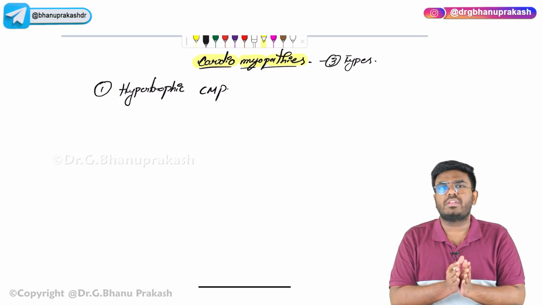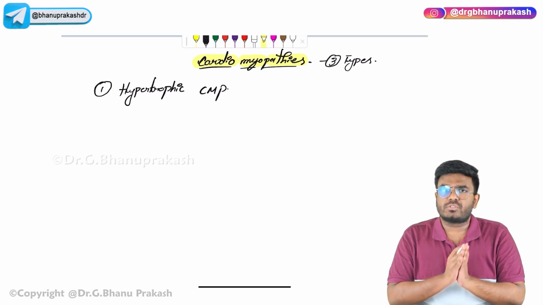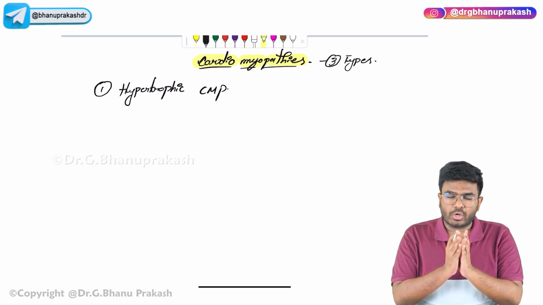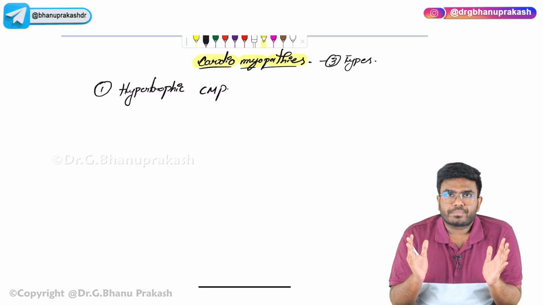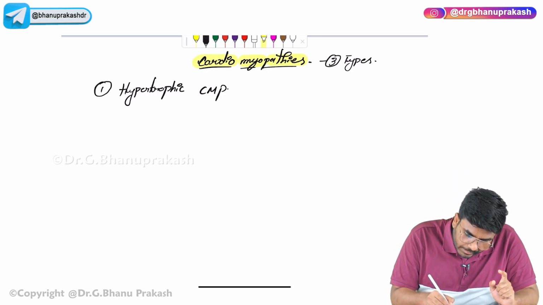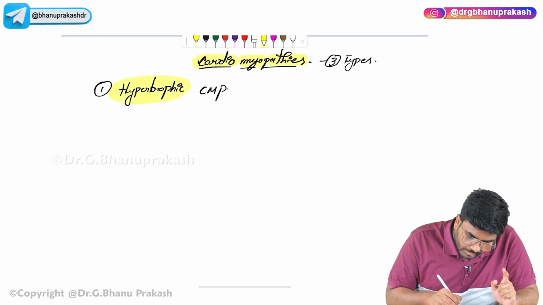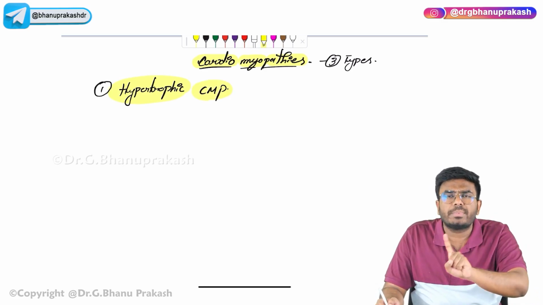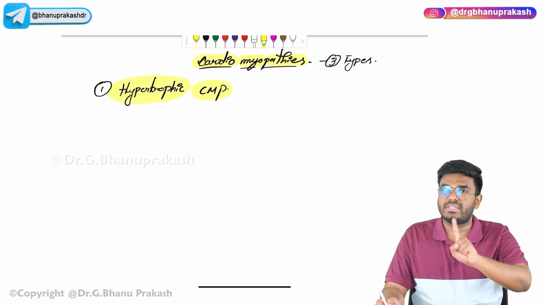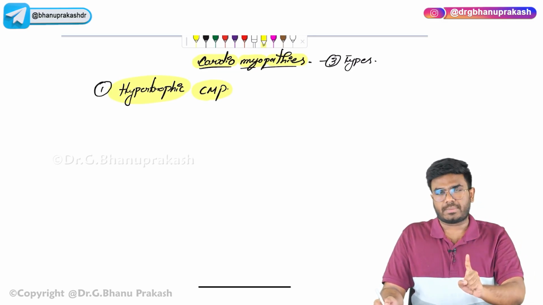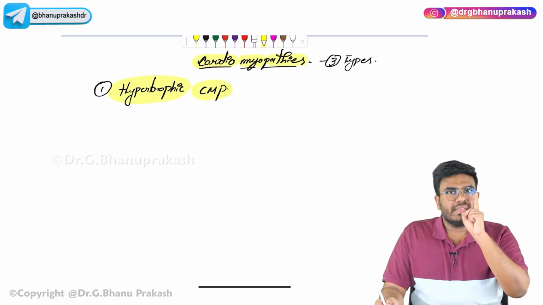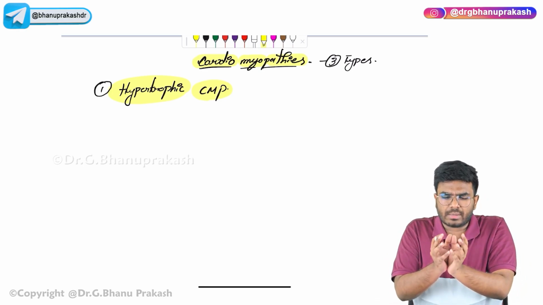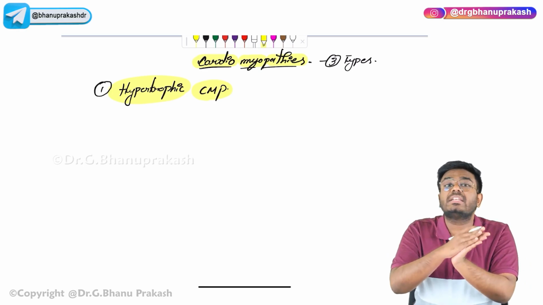There is no valvular lesion, no ischemia, no myocardial infarction, but the ventricular myocardium is undergoing hypertrophy. So remember the first point: hypertrophic cardiomyopathy is not because of aortic stenosis, it is not because of hypertension. If there is hypertension or aortic stenosis, yes, it does cause the ventricular myocardium to undergo hypertrophy, but that is different.